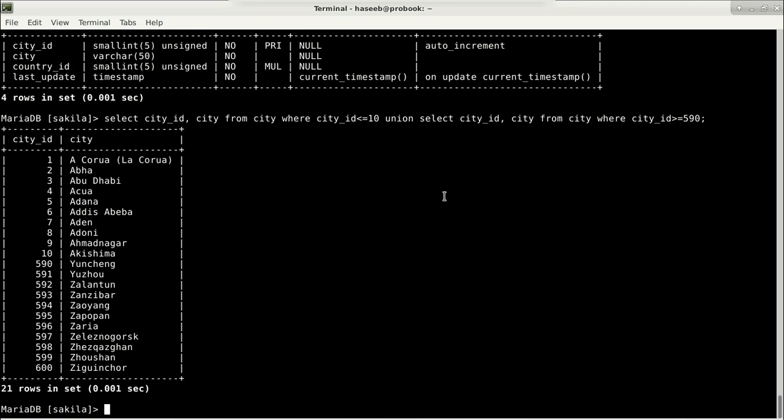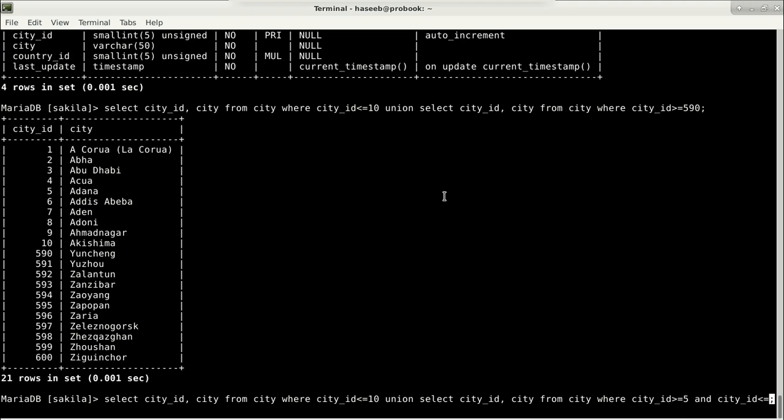But let's say I change the criteria: we say where city ID is less than or equal to 10, and in the second case we say the city ID is greater than or equal to 5, and city ID is less than or equal to, let's say, 15.